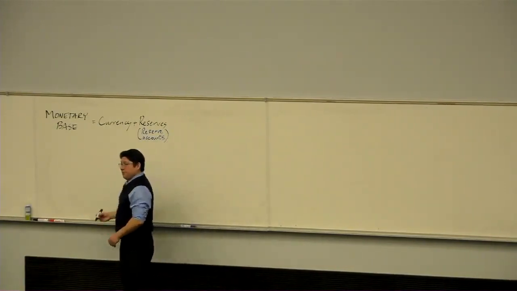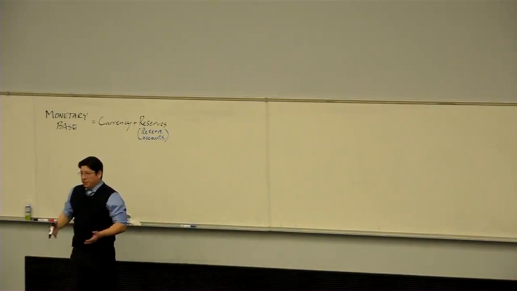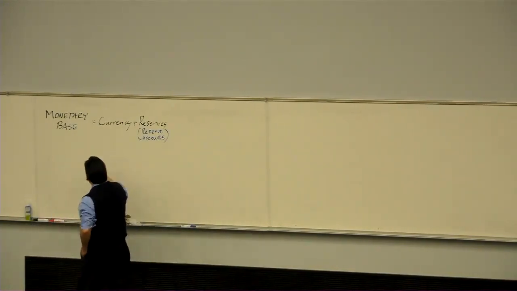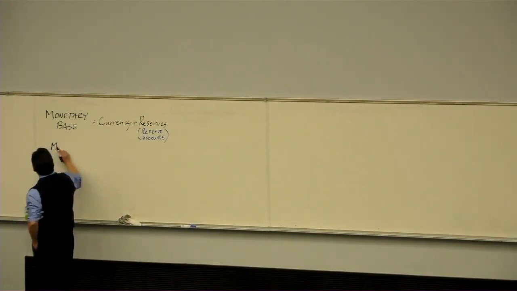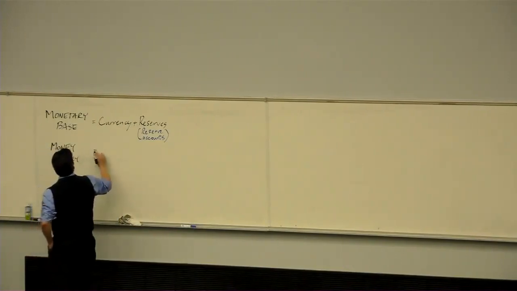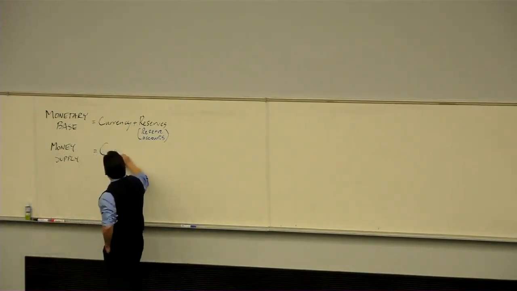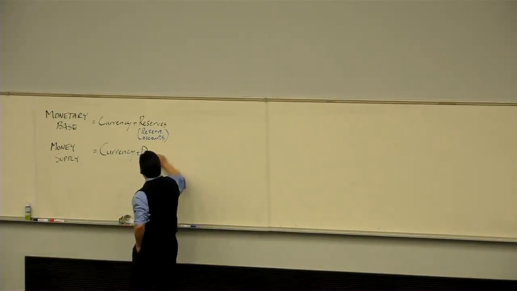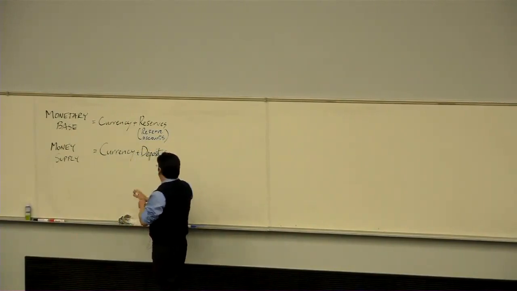And of course, what does the Fed do? The Fed, among other things, engages in monetary policy. And so we're going to remind ourselves of what money is. It also includes the currency, but in addition to currency, it includes deposits.